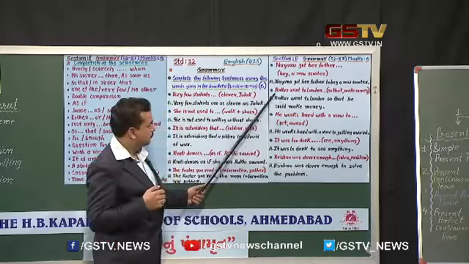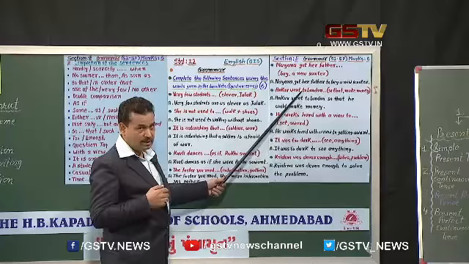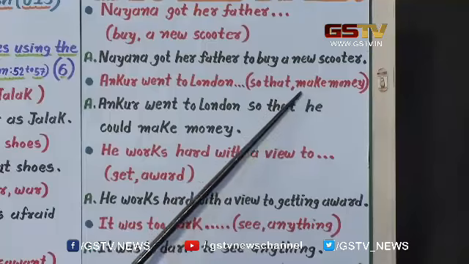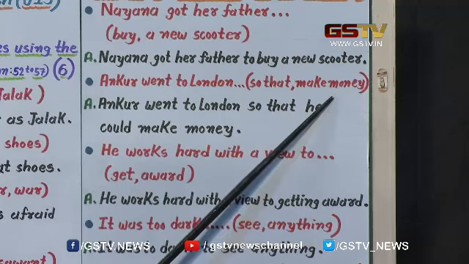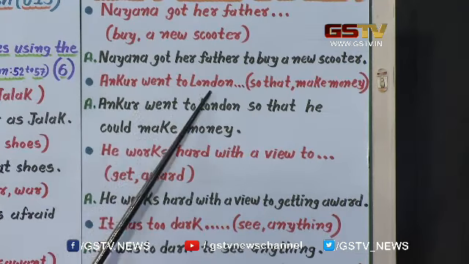Next one, please see. Ankur went to London. Half of the sentence. So that, first word in brackets, second one is make money. You have to complete this sentence. Here you are not getting any clue to complete the sentence.